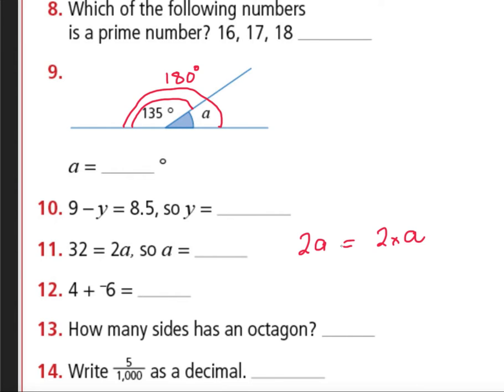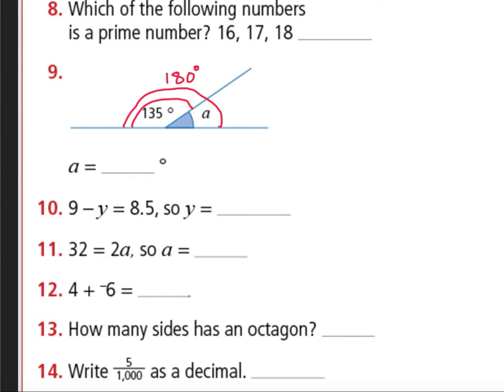So 2a actually means 2 multiplied by a. So 32 is equal to 2 multiplied by what? What do you multiply 2 by to get 32? And if you don't know that, what you can actually do is do 32 and divide it by 2, and that will give you your answer.